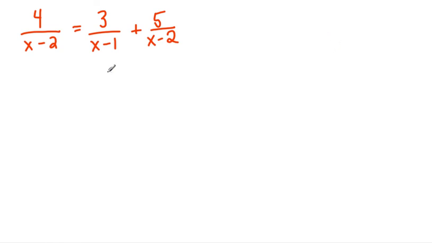All right. I have fractions here. So let's get rid of them. How do I get rid of a fraction? By the LCD. So X minus 2 times X minus 1. Do I have to have 2 of these X minus 2s?